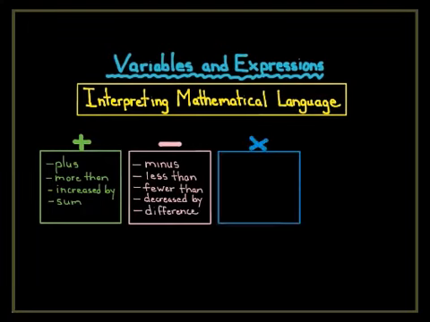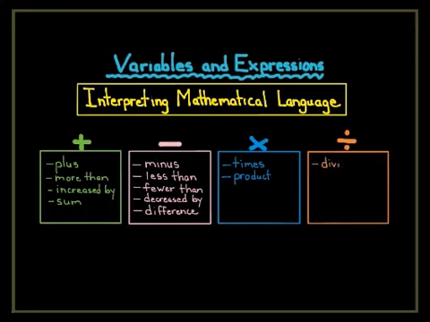For multiplication, there's times and product. And finally, division has divided by and quotient. Now this isn't a complete list, but these are very common words for each of the operations. Using this list, we can now take these words and turn them into algebraic expressions.